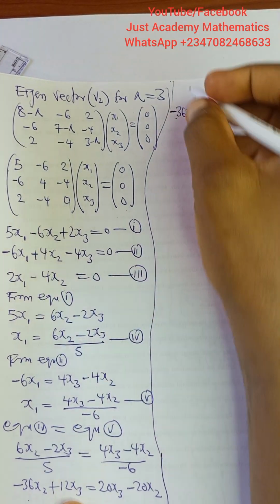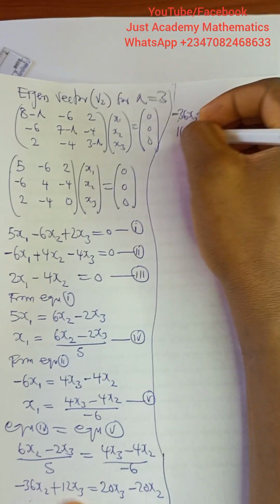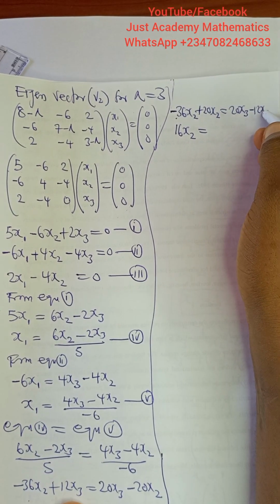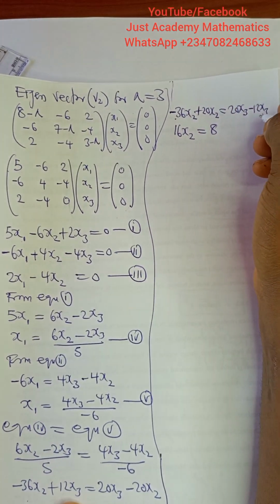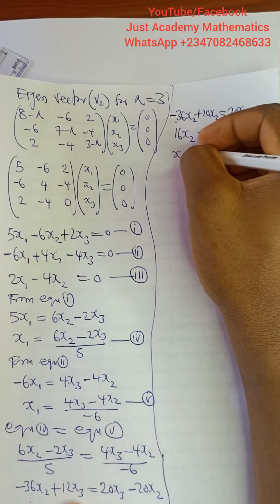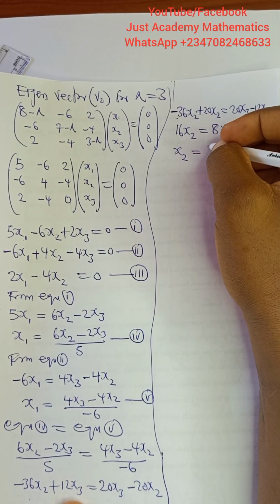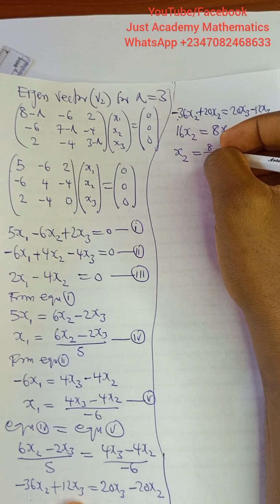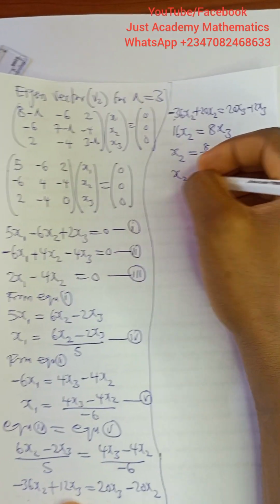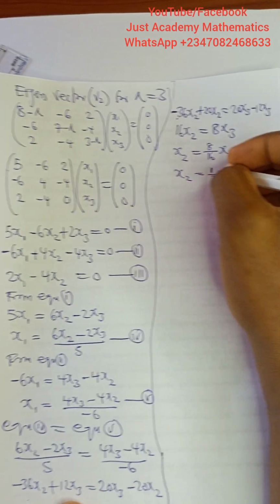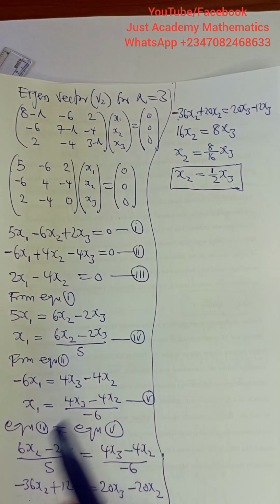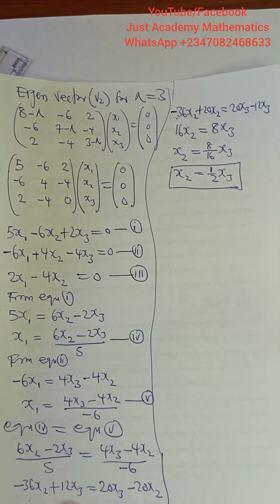Minus 36 plus 20 gives me 16x2 is equal to 20 minus 12, which gives me 8x3. Therefore x2 is equal to 8 over 16 x3, which we can write as 1 over 2 x3. So x2 in terms of x3 is 1 over 2 x3.